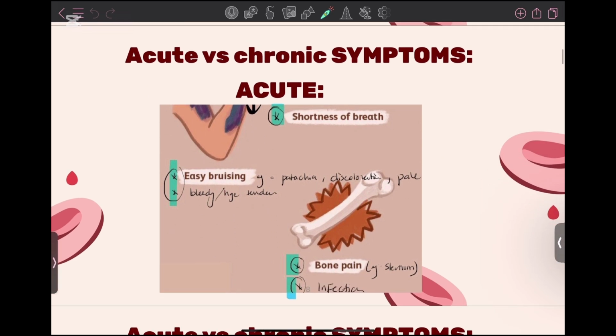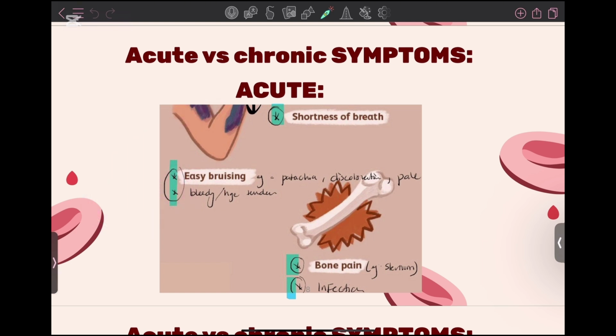Okay, another thing, the first thing that we need to differentiate between acute and chronic is in terms of symptoms. Generally, when we talk about acute, these are very important. If they give you a case scenario where they tell you there is easy bruising, there is discoloration, there is pallor, all of these signs or symptoms, and bleeding, of course, since bruising is basically bleeding or hemorrhage. So when you see these, معناته it means it's acute.